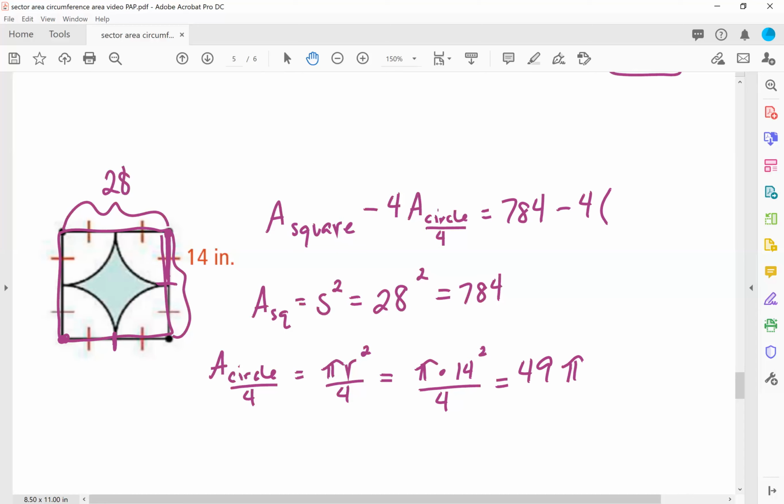And so the quarter circle is 49 pi. So now 784 minus 4 times 49 pi. So it'd be 784 minus, and then just do 4 times 49, which we should get 196. Okay, so this right here would be the exact answer.